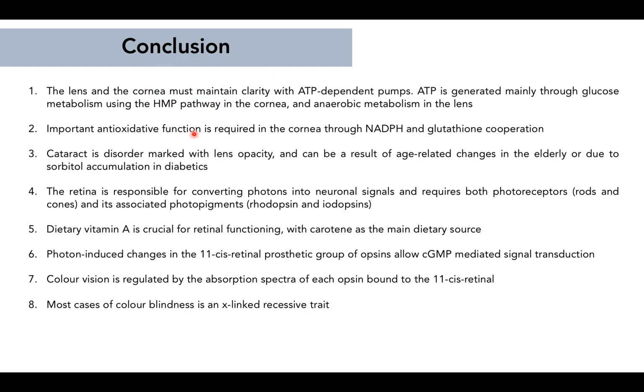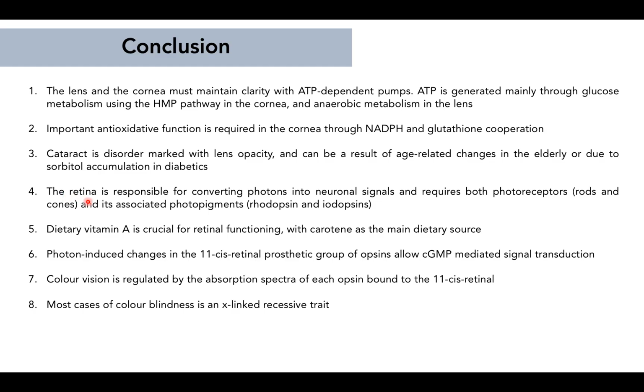The HMP pathway plays a big role in the cornea because we need NADPH for glutathione to work properly. In the lens, one thing you need to know is the polyol pathway, which can lead to diabetic cataract due to sorbitol accumulation.